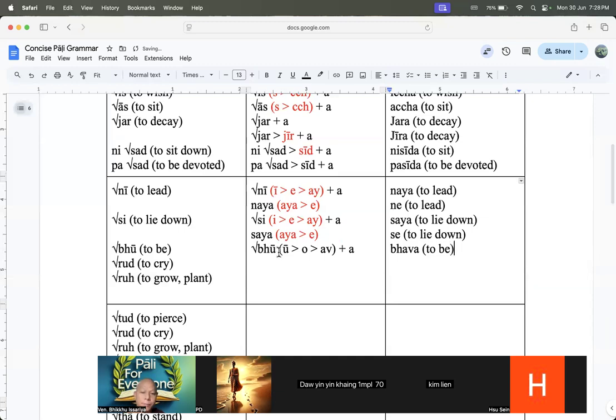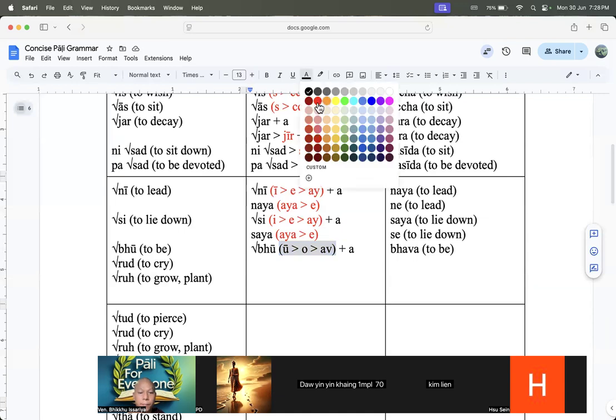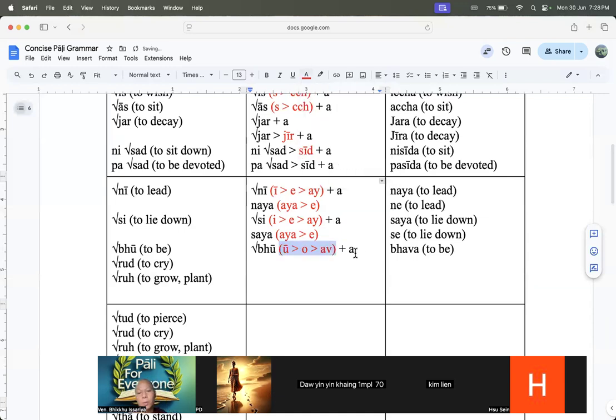And here also, that bhava. So ava is contracted to o, and also this bha becomes silent.